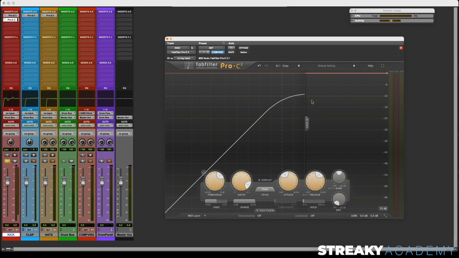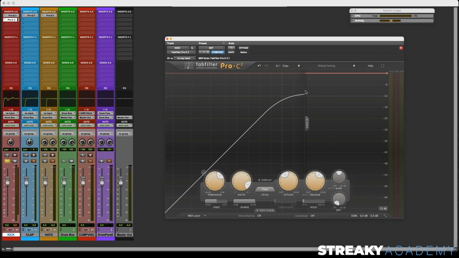So at 1:1, what breaches, what goes past, goes out. So there's going to be no compression happening. At 2:1, we are basically dividing the volume breached by 2. So for instance, if I was to breach the threshold by 10 decibels past the threshold line, the volume would get brought down to 1 decibel, because our ratio is 10:1. It is divided by 10.